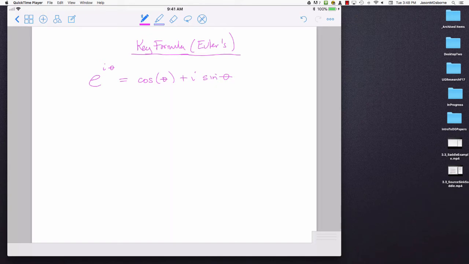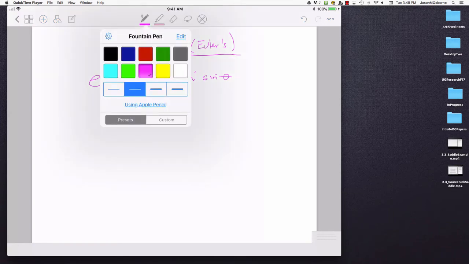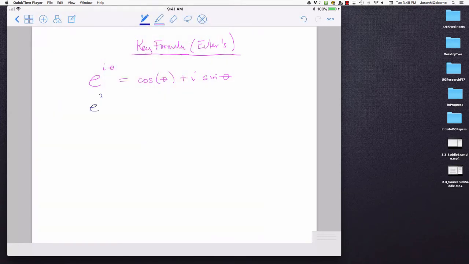Okay, so what we mean by using this formula, for example, is that if you have something like e to the 2i, theta in this example is 2. The answer would be the cosine of 2 plus i times the sine of 2. Or if you have another example, e to the minus i theta, theta is actually negative theta.